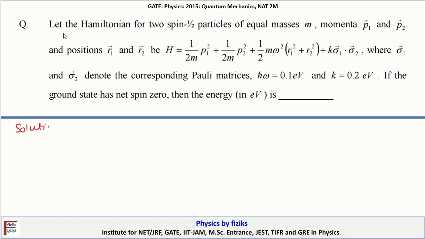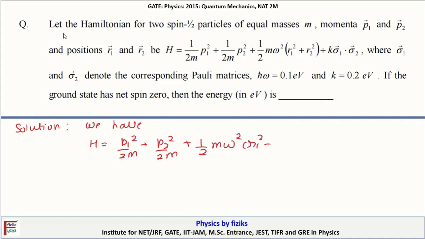Solution: we have H equals p1 square by 2m plus p2 square by 2m plus half m omega square (r1 square plus r2 square) plus k sigma 1 dot sigma 2.